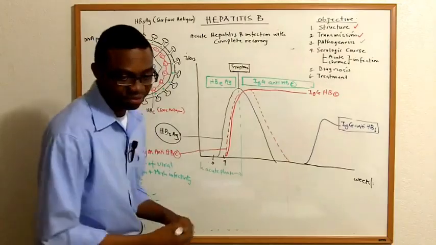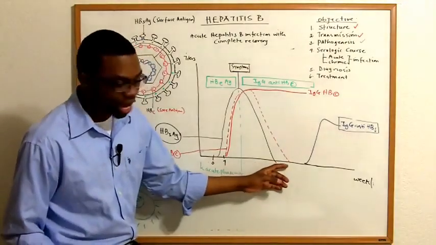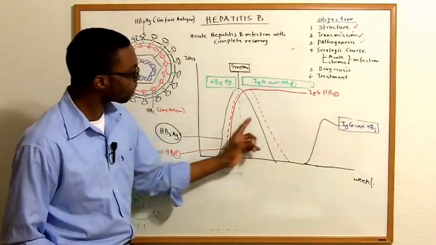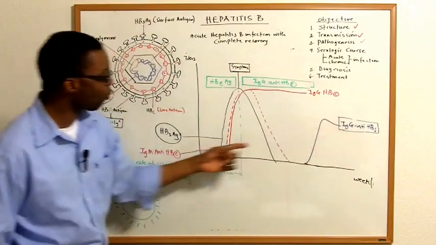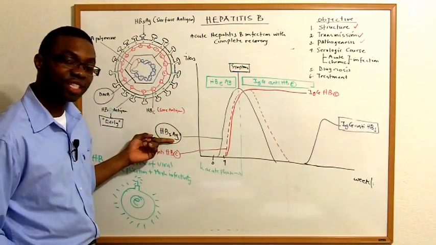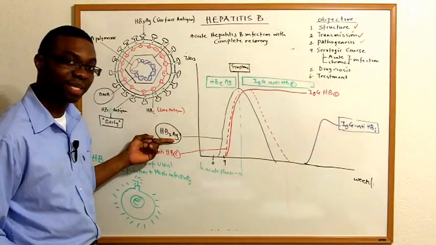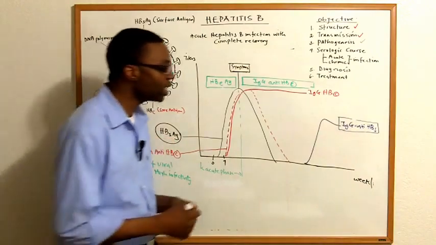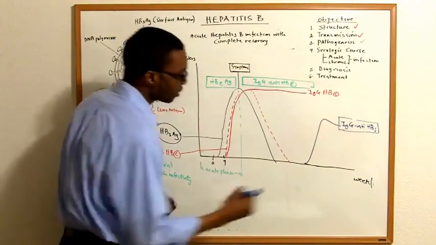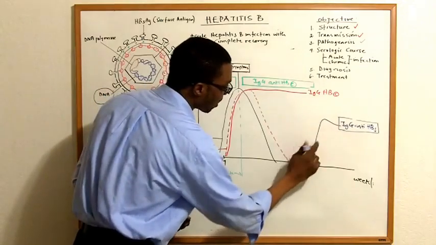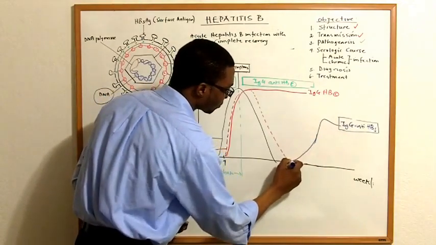Now the time between when we actually start making IgG and when the surface antigen is being destroyed and being cleared out of our system is called the window period. Let's make the graph actually here.